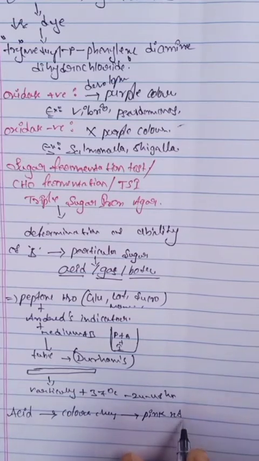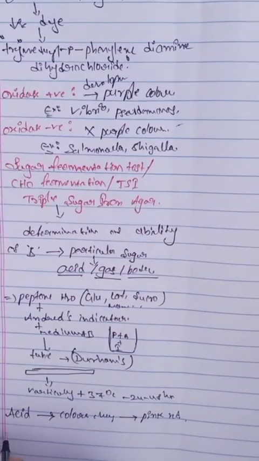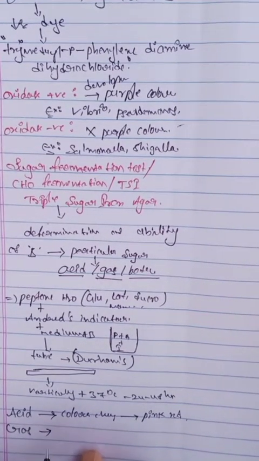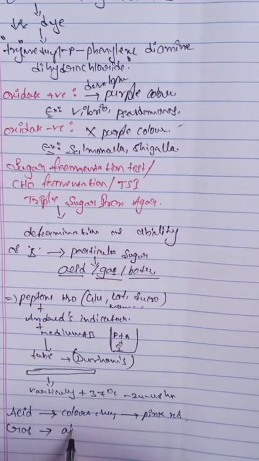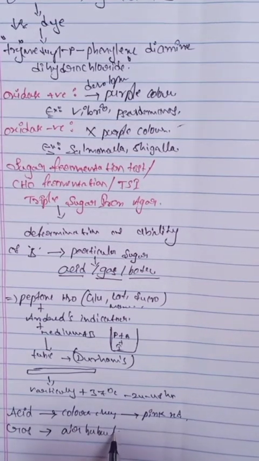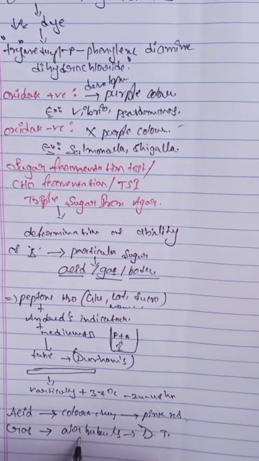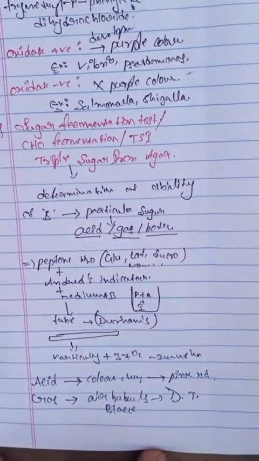In case of acid formation, a pink red color is produced. In case of gas formation, what happens? It indicates the formation of air bubbles in the Durham tube, or a black color also produces in the tube.